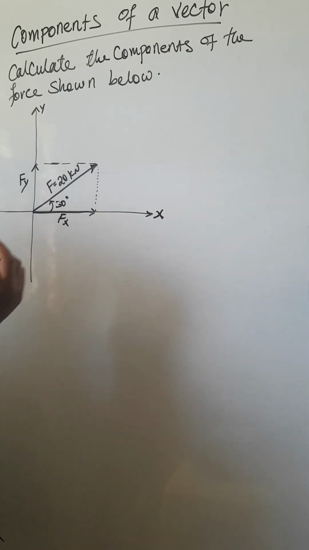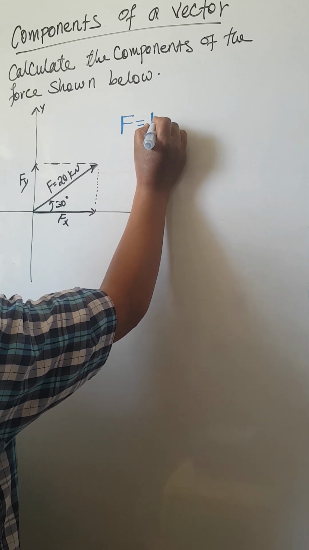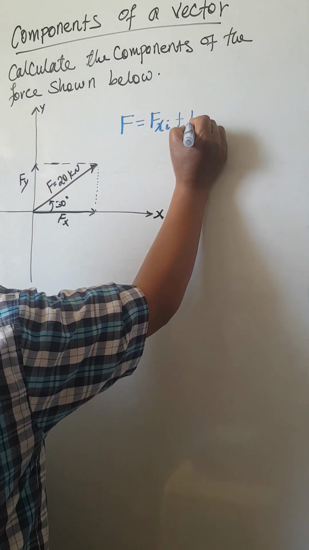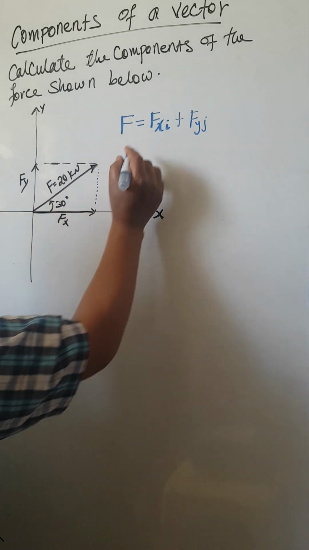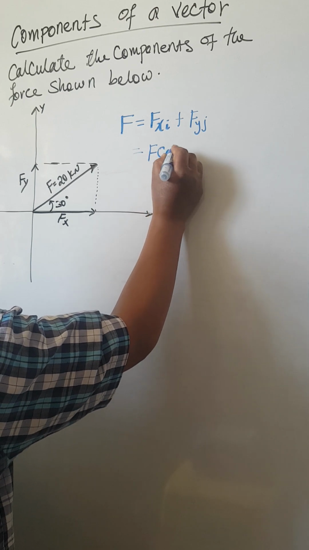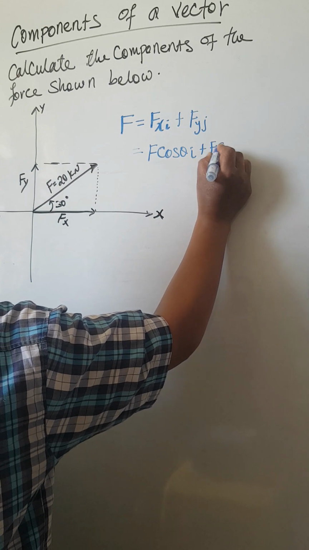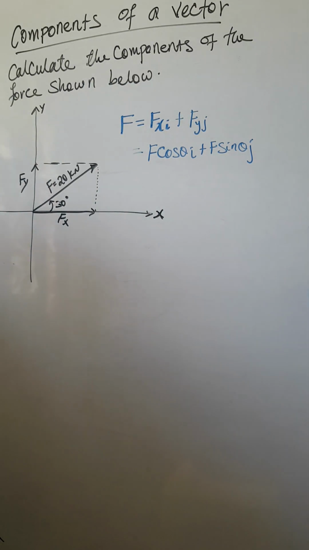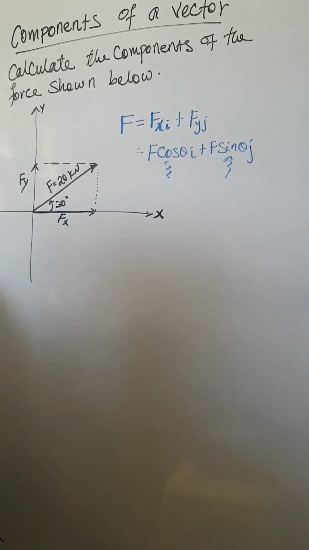From our previous discussion, this force is equal to the force along x in the direction of i plus the force along y in the direction of j, which is F cosine theta along i plus F sine theta along j. This is the x component and this is the y component.